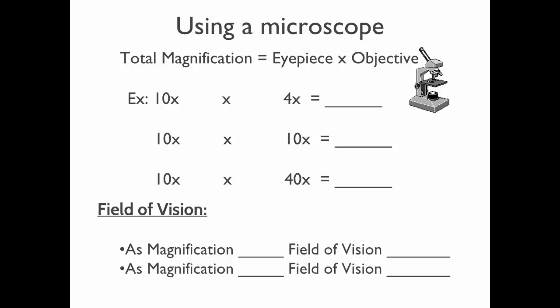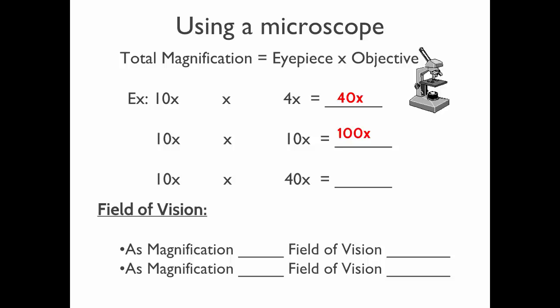When we have the low power objective selected, what is our total magnification? Raise your hand, please. 40x. When we switch to medium power, the 10x objective, Ada, what's our power then? 100x.